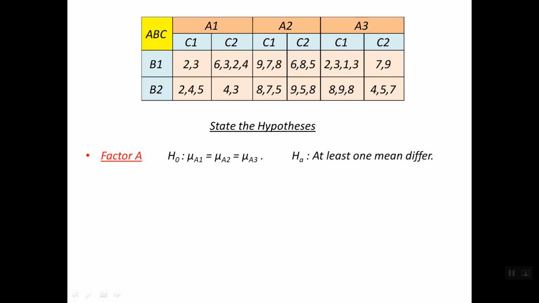For the first factor, factor A, the null hypothesis, H sub 0, states that the mean for A1 is the same as the mean for A2, is the same as the mean for A3, and the alternative one states that at least one of these three means is not the same as the others.